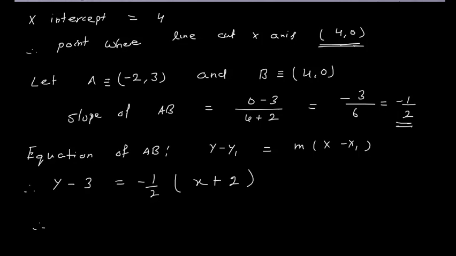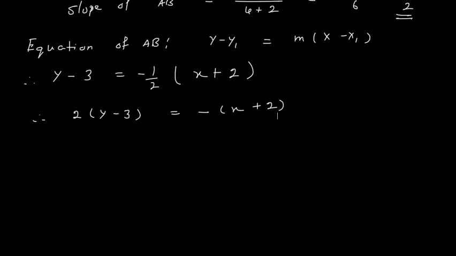So therefore 2 I will multiply here, 2 into y minus 3, it is equals to minus x plus 2. So therefore it will give me 2y minus 6 is equals to minus x minus 2. So therefore minus x will come here, x plus 2y minus 6, and this minus will become plus 2 equal to 0.